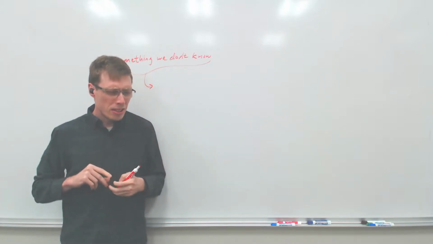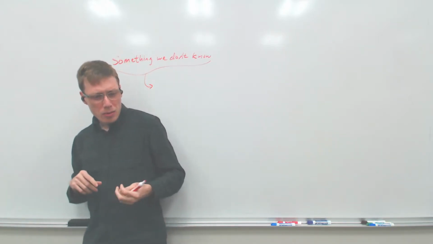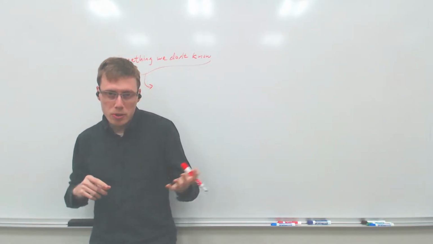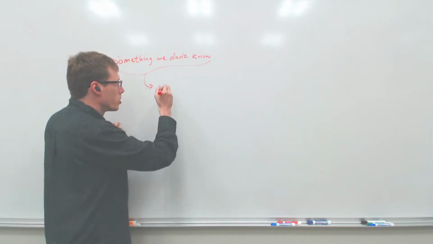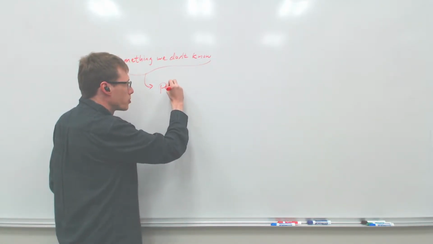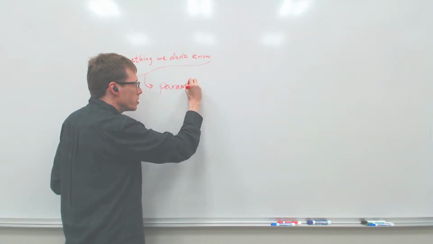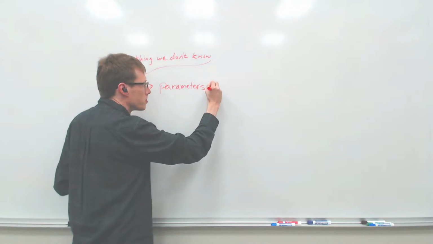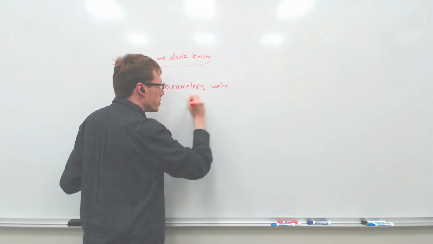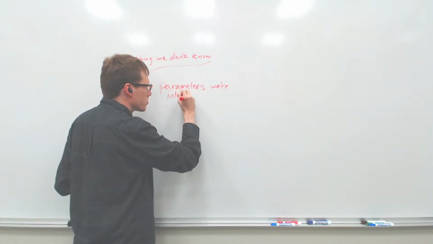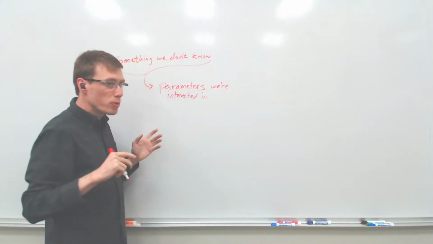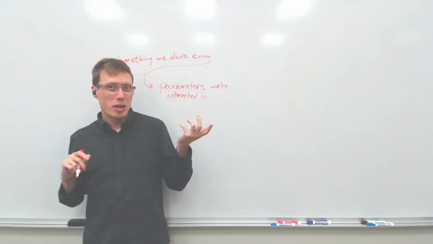And now that we know we can somehow turn this into a number, there's some parameter that we're interested in. Specifically, we want to turn this into a set of parameters that we're interested in. Once again, this parameter could be something that's kind of a made up concept.